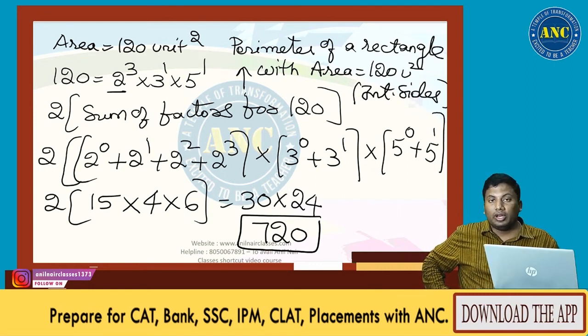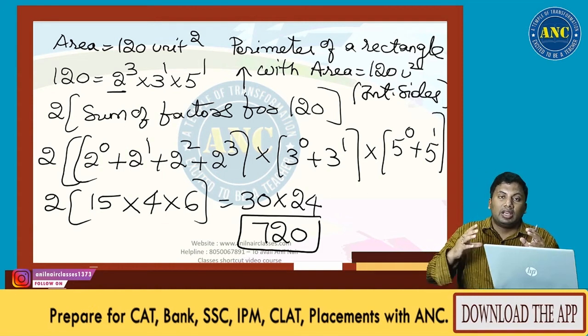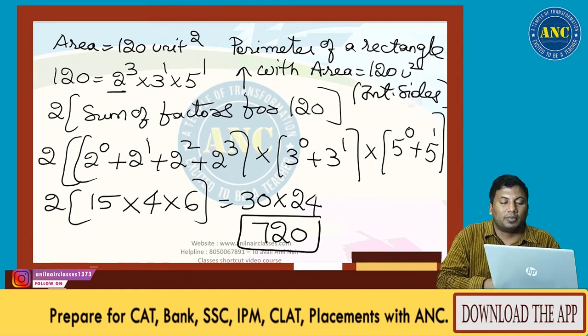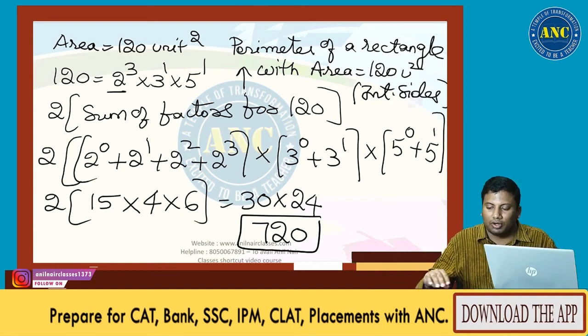Why did 2 into come? The perimeter of a rectangle is 2 into L plus B. L plus B means you are adding all the factors of that number. Remember, in the area of a rectangle, length is always greater than breadth. I hope question number 4 is clear.